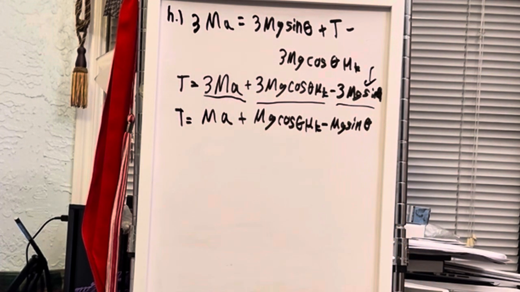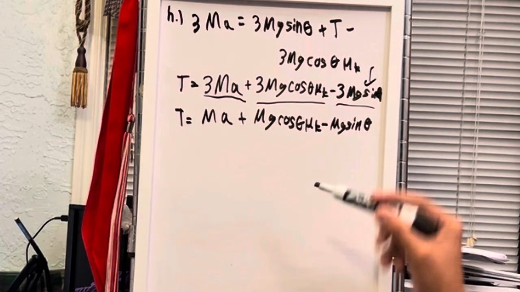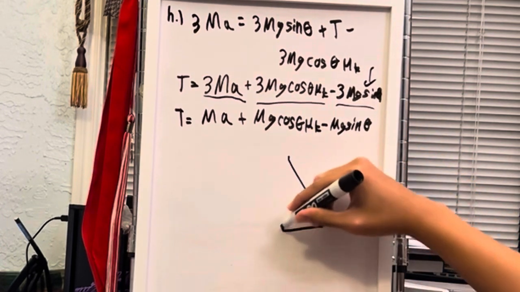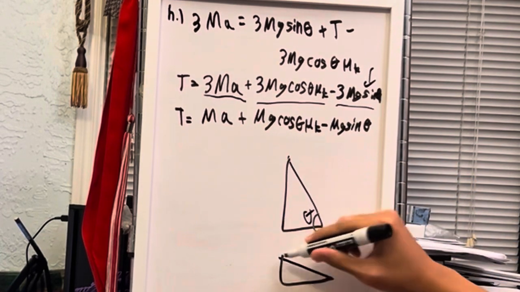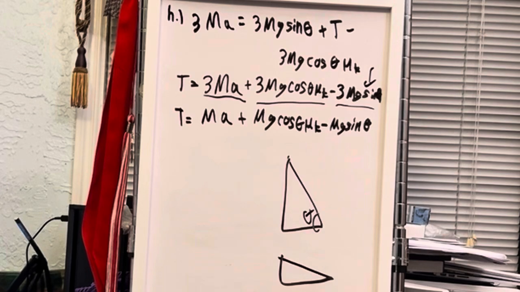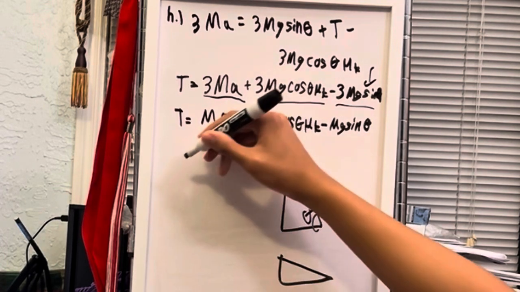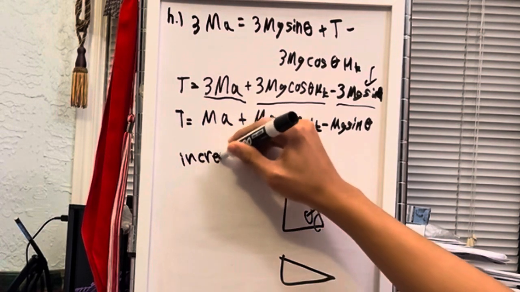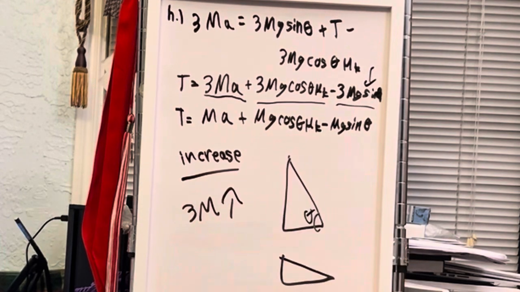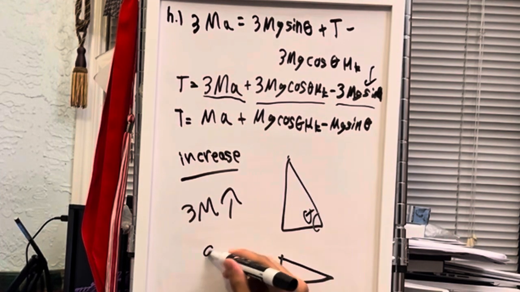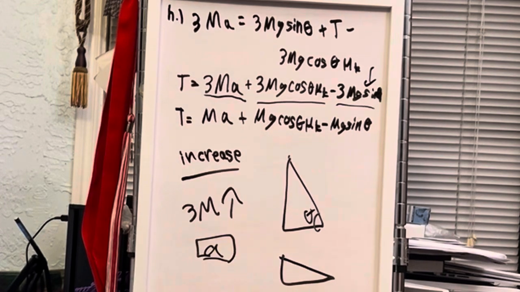Sure, there could be other things, like let's say mu k was extremely small and the incline was extremely large, right? But in a realistic scenario where the incline was like this and it had a reasonable mu k, the reasonable justification would be to increase, because you're going to have a block system where the mass has increased, and to move it at that same acceleration as before, because we derived the acceleration expression, and the acceleration expression was independent of mass.